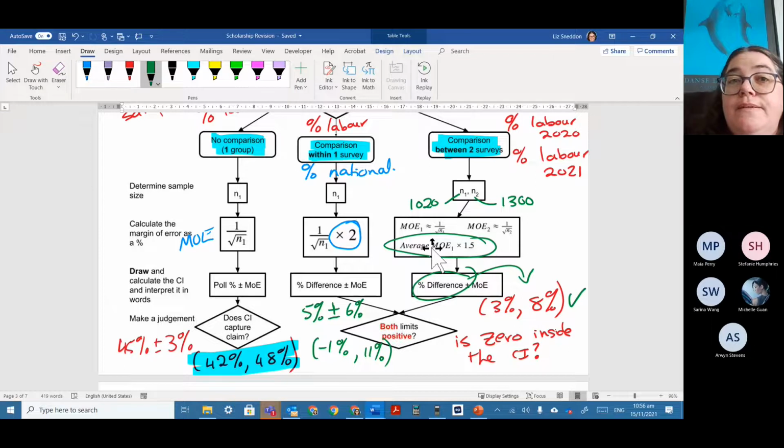The reason that this is important is the previous examiner did not really do margins of error and confidence intervals at all. But if you look at the last year or two of scholarship exams, they have actually got questions about margins of error and confidence intervals. So this will be an area that a lot of people traditionally may not have done any work on. But if you've done a bit of prep on this area, that will definitely help for this year.